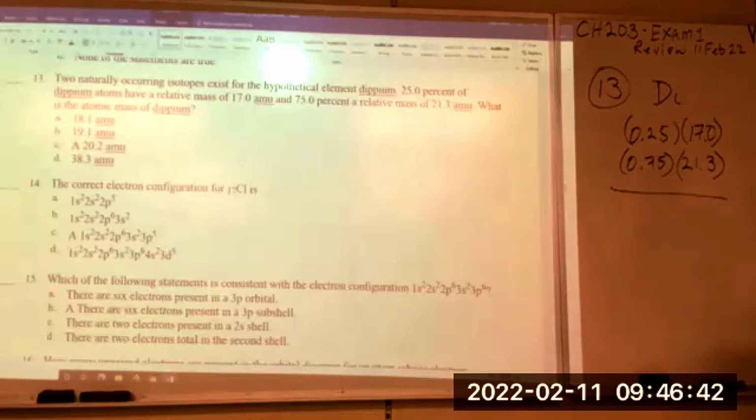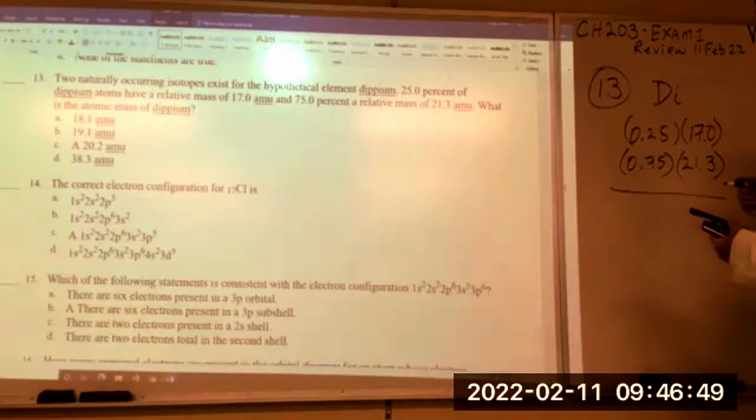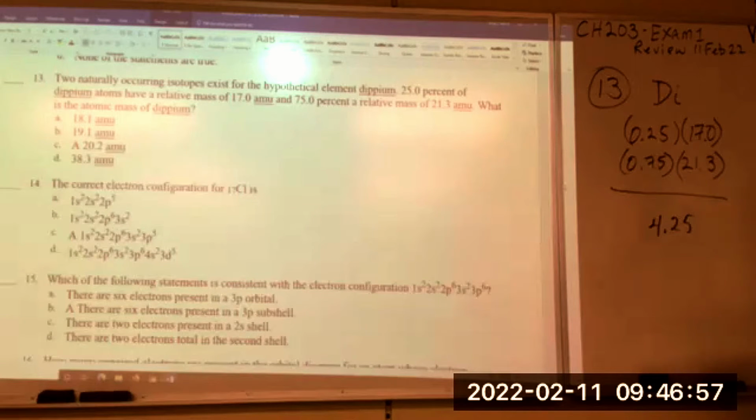Let's see, 0.25 and 17 is 4.25 for the first one. And 0.75 times 21.3 is 15.975. Let's see, how many significant figures can I have up here?